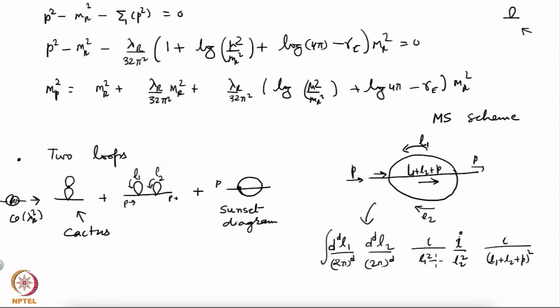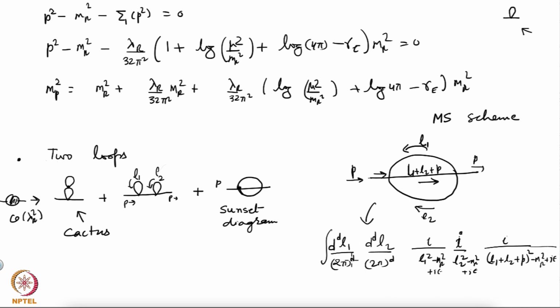I forgot to write m_r square plus epsilon. Now you see that when you evaluate this integral, the result will depend on P square and m_r square, so this is going to be a function of P square.